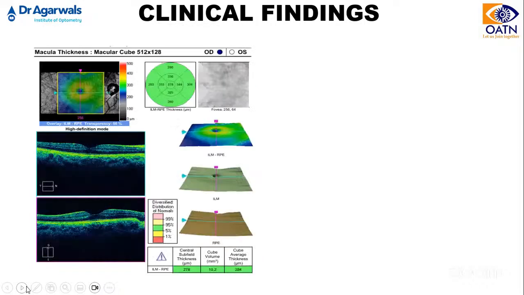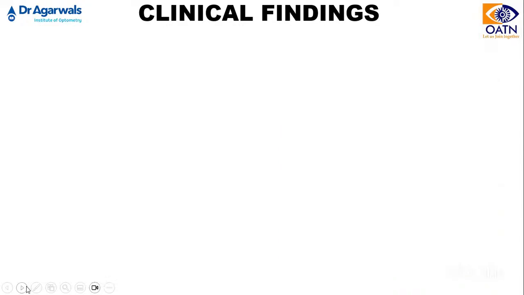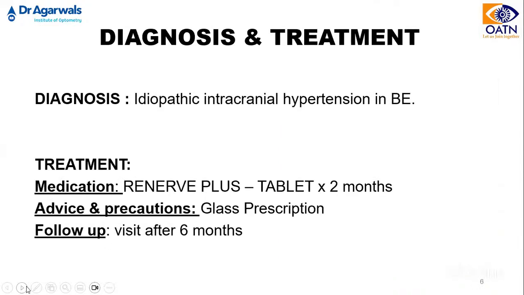The macula cube showed edema in the macular region. But the HFA shows normal visual field in both eyes. Based on these findings, it was diagnosed as idiopathic intracranial hypertension. This patient was treated with Reno Plus tablet for 2 months and advised the same plus prescription with regular follow-up.